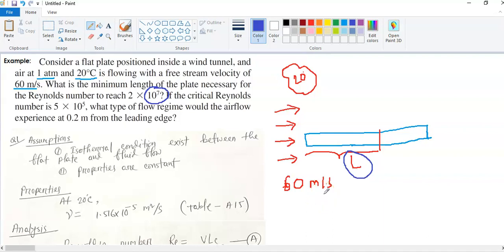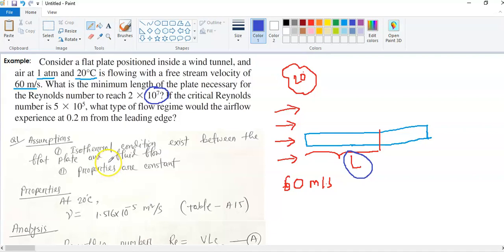Here this is very simple, you don't need to negotiate with some real aspects. In reality maybe this condition could be different. What we are telling here is isothermal condition exists between the flat plate and fluid flow. That's the main assumption here. And about the properties, we said properties are constant. So that's our assumption.